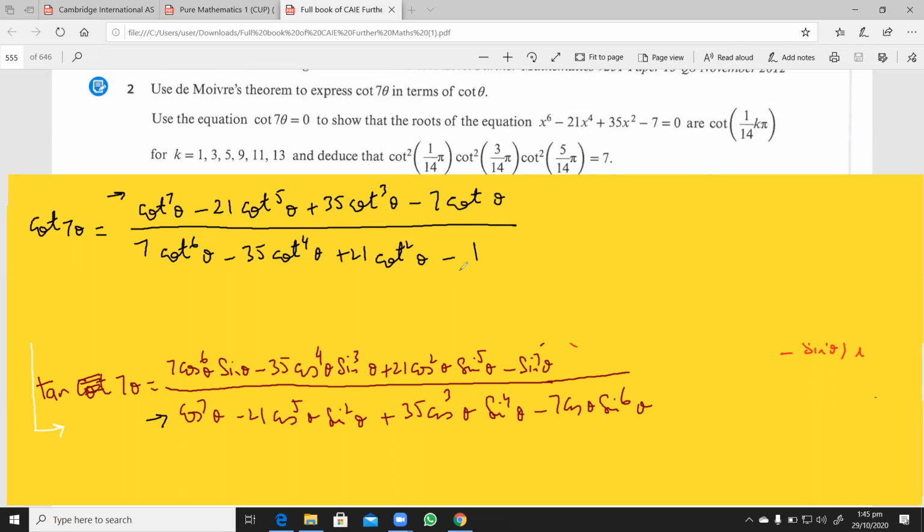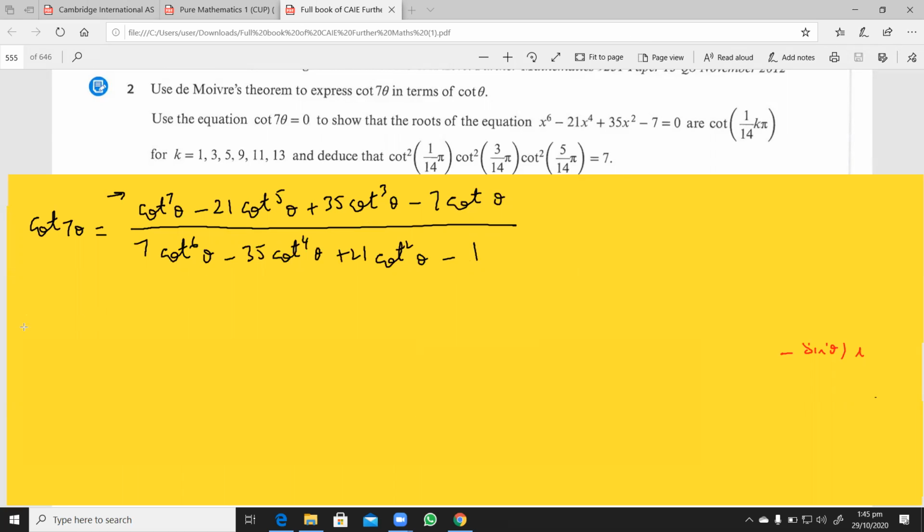Next, it says use the equation cotangent 7 theta that is equal to 0. So I need to clear the area down here. Okay. So we have this cotangent.